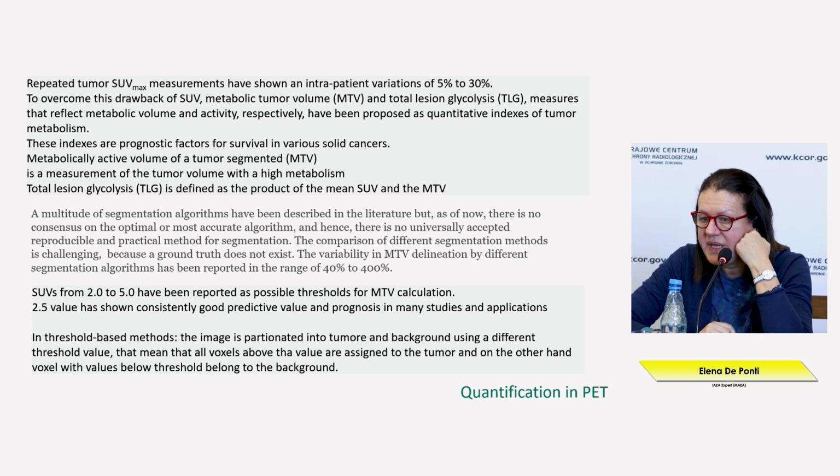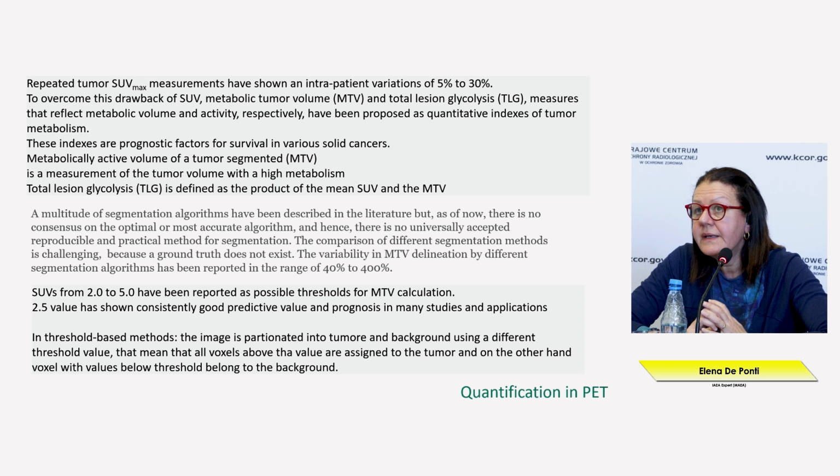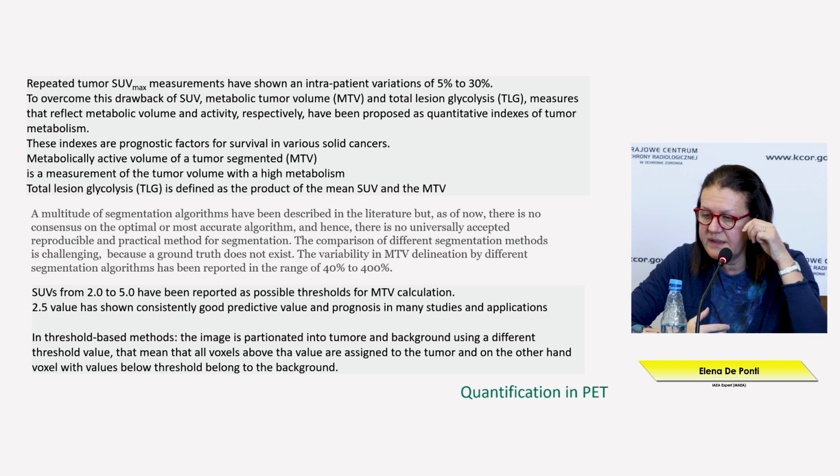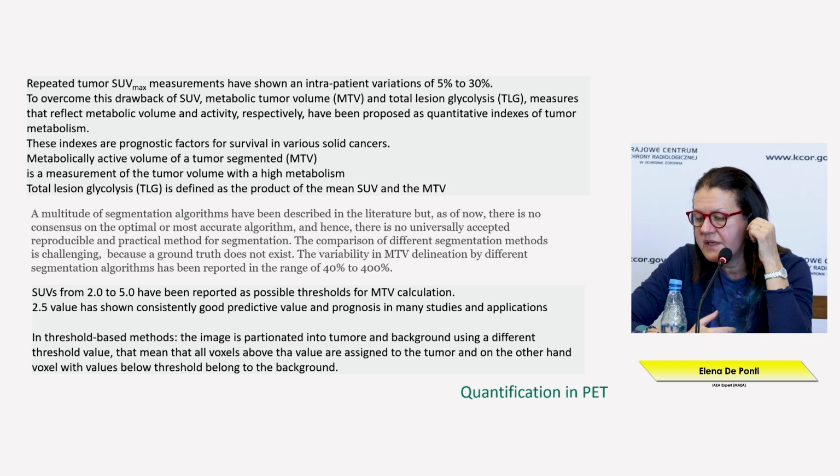And for the field of oncology, two different metrics have been introduced: the metabolically active volume of a tumor, MTV, and the total lesion glycolysis, TLG, of the same lesion. They are related, as after we segment and evaluate the MTV, we can calculate the TLG as the product of the MTV and the SUV value within the volume.